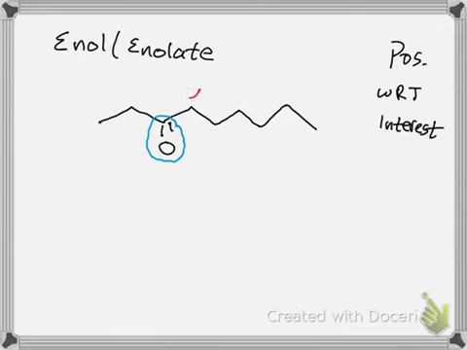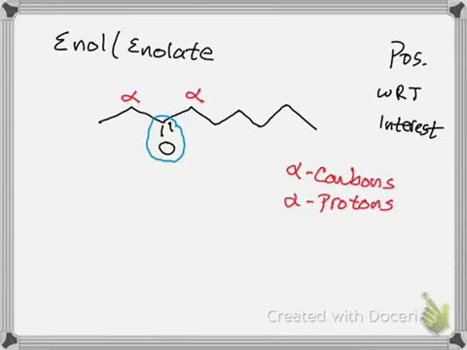The carbons immediately adjacent to the carbonyl are called alpha. Those are called alpha carbons. And the protons on those carbons are called alpha protons.